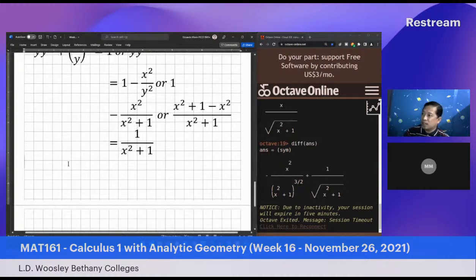So, sa kabilang side, so since y double prime is equal to, wala na yung mathematical symbol. Y double prime is equal to 1 over x squared.